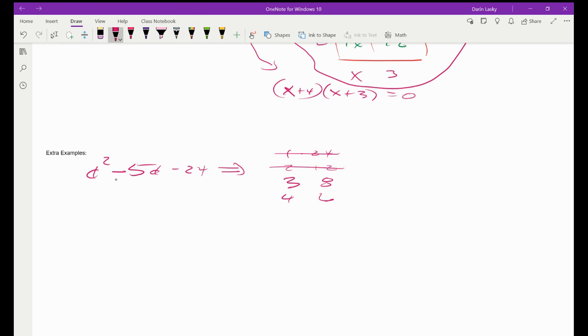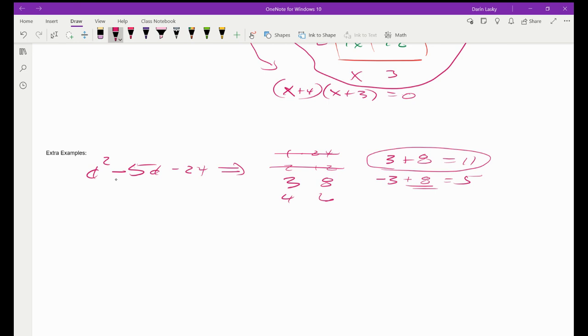When I add these two together right now, I get 3 plus 8 equals 11. What I need is negative 5. What if I change the 3 to a negative? Negative 3 plus 8 gives me a positive 5, but I need a negative 5.